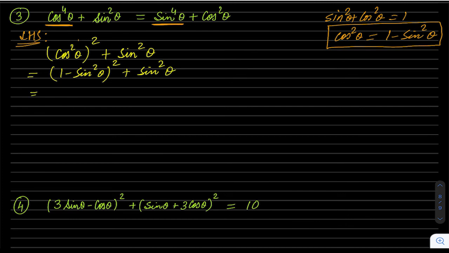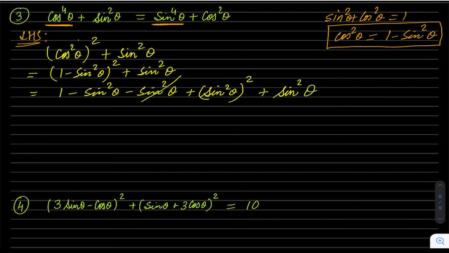Open it using the FOIL method, or the a minus b whole square formula. So we will get 1 minus sine square theta minus sine square theta plus sine square theta square, plus sine square theta. So this is what we will get.